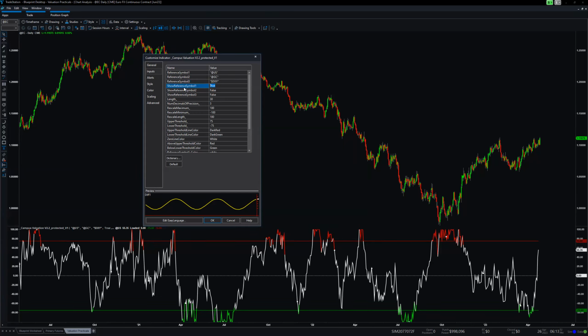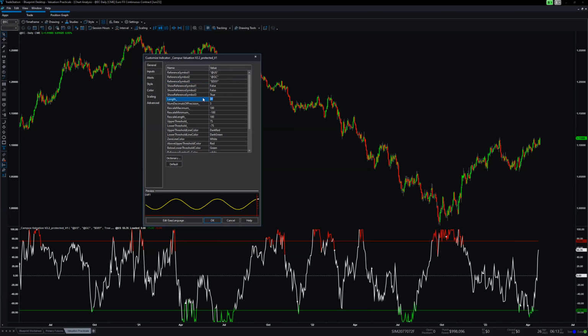So on show reference symbol 1, which references the treasury market, we're going to put a false here. And on show reference symbol 3, which references the US dollar DXY, we're going to put a true.